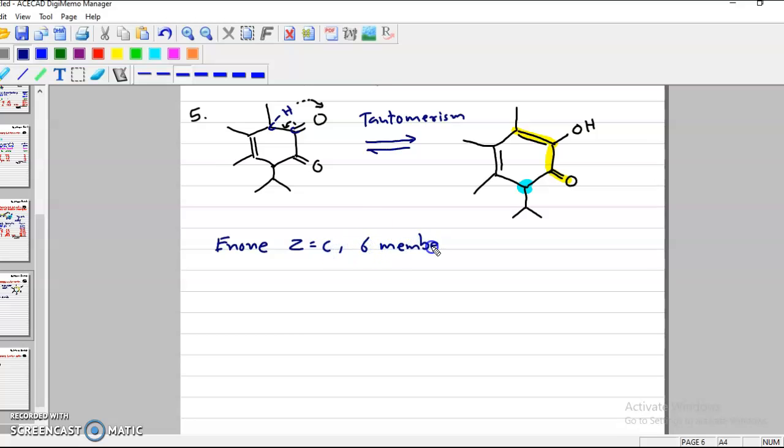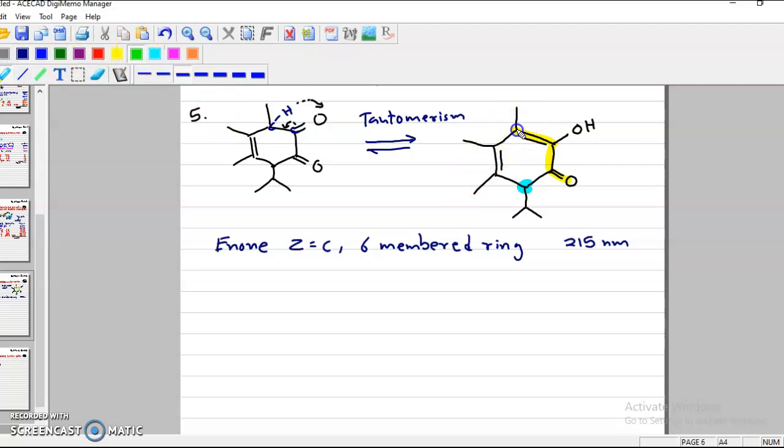Why? Because this C double bond C is a part of this 6-member ring only, and therefore we will consider this carbon as a 6-member cyclic ring, and for that we will put 215 nanometer as the base value for the enone system. Okay, now next is whether extension of this system is possible or not.